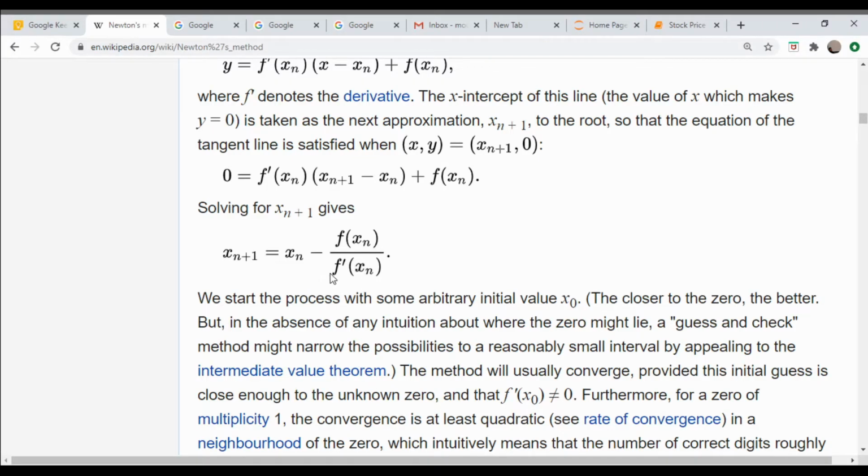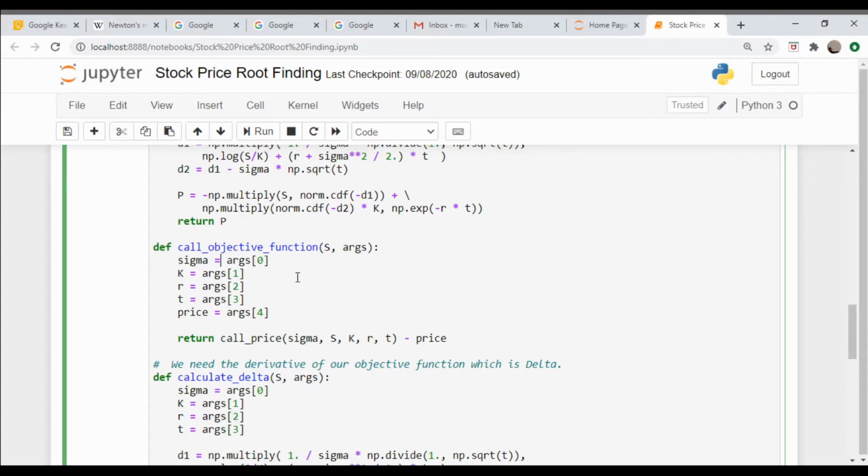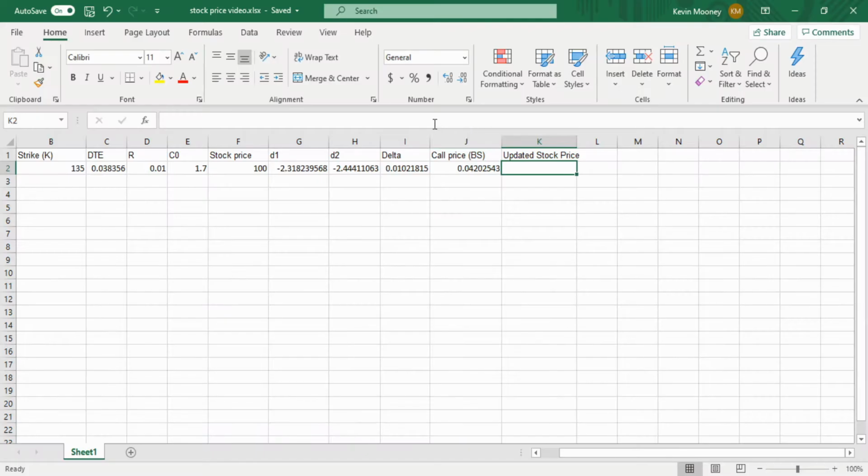Okay, now for this update, remember the update is equal to the negative of the function we're trying to find the root of, which is our objective function, divided by its derivative, and then we just add on to it the current estimate. So our objective function, recall from the old notebook, is just basically the Black-Scholes call price minus the call price of the actual option. So now let's go back to the spreadsheet itself and implement this.